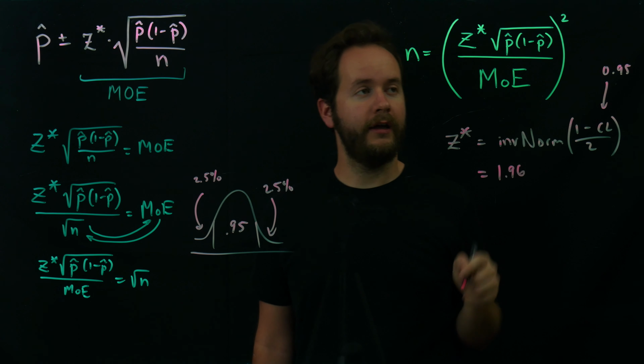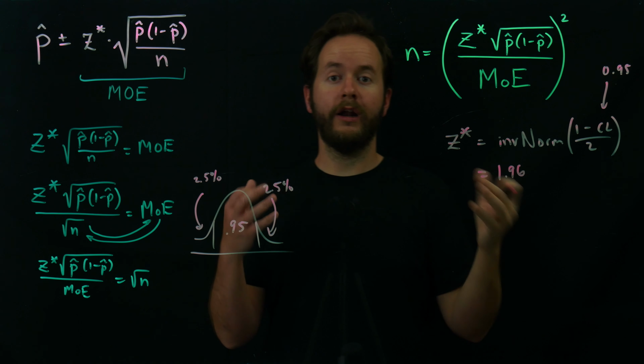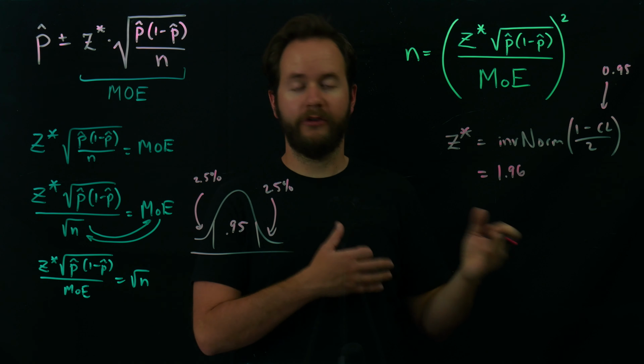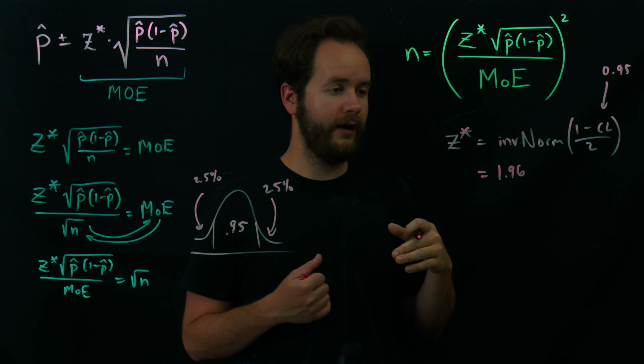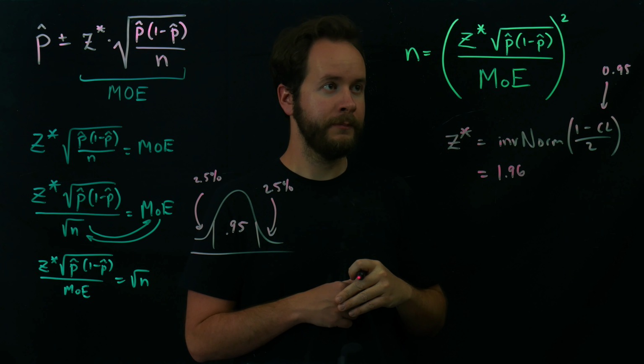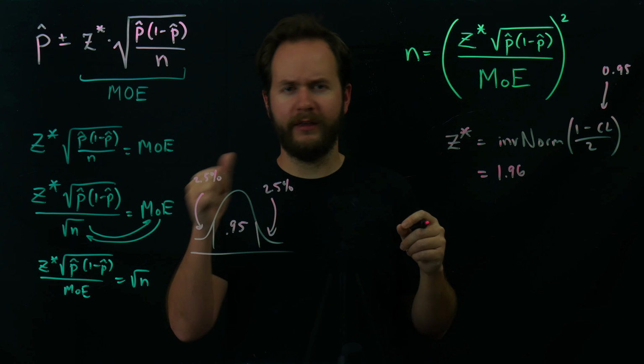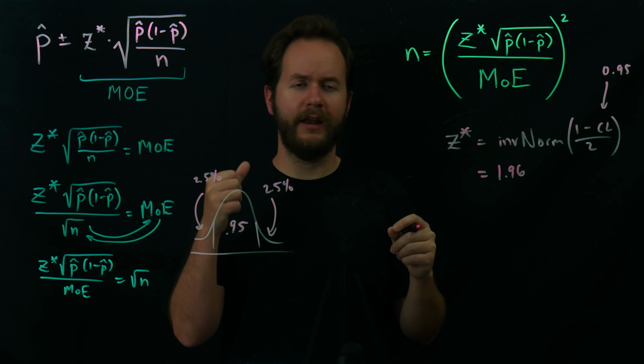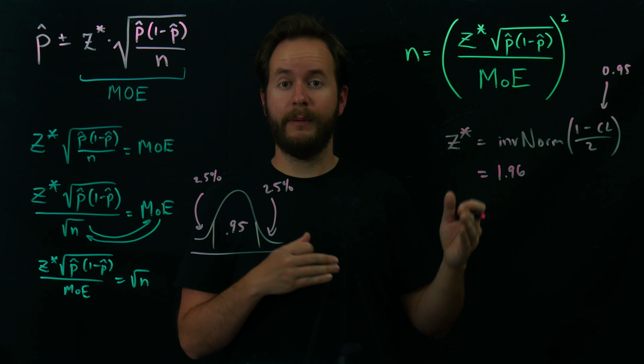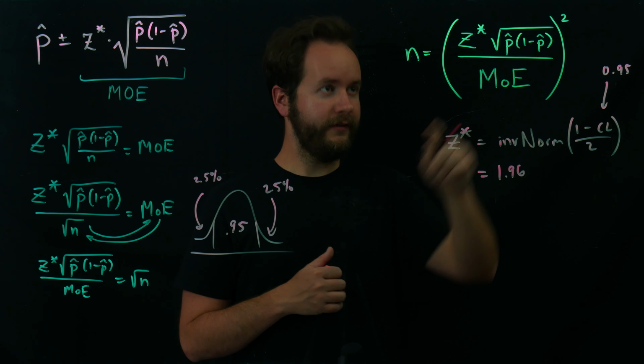p hat is the percent of people in our sample who have said a certain yes or no, or are red or not red M&Ms in our case. So actually, in the case of the quiz, it's people who believe global warming is a hoax or something like that. So either way, it's just some percent of people who said yes or no. In this case, we don't know.